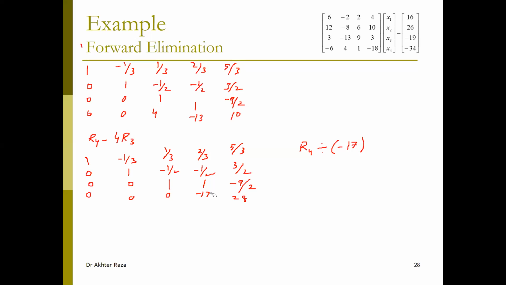This will become 1 and 28 divided by minus 17. So this will become 28 divided by minus 17. And we have a vertical line here because this is an augmented matrix.